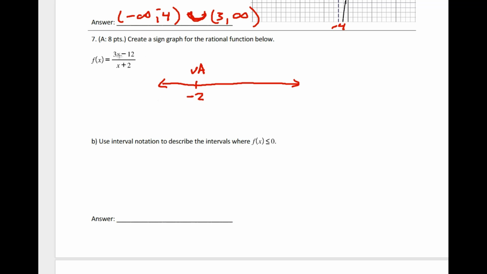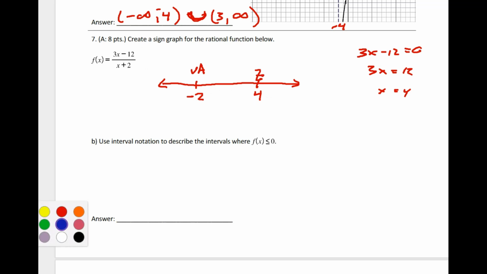The 0 is at 4, because if I set 3x minus 12 equal to 0, we get 3x equals 12, or x equals 4. All right, and that's a 0. So I'm going to keep careful to distinguish whether these are points where the function was undefined or where it was 0.